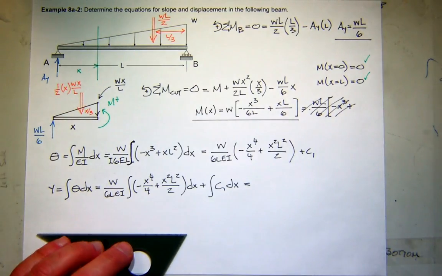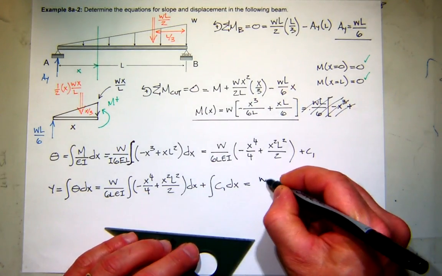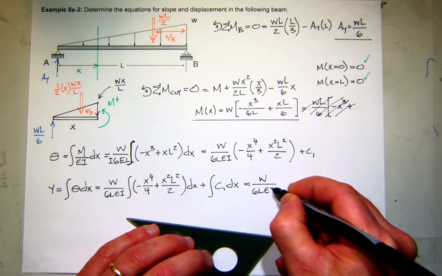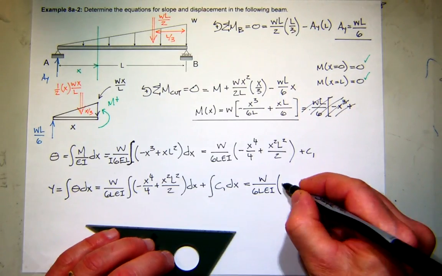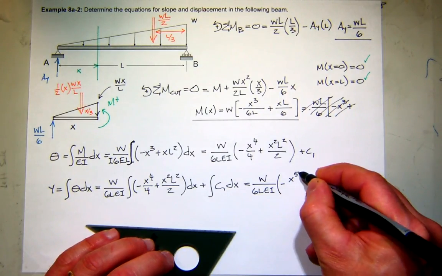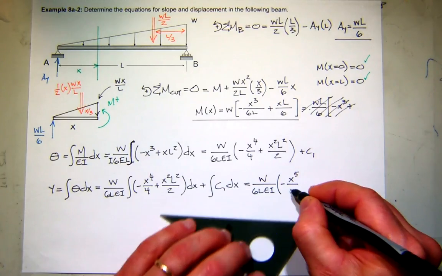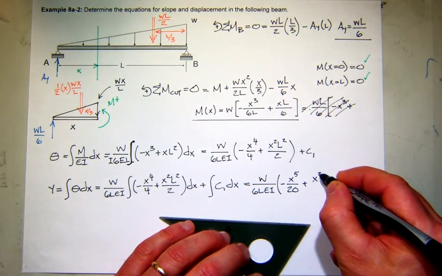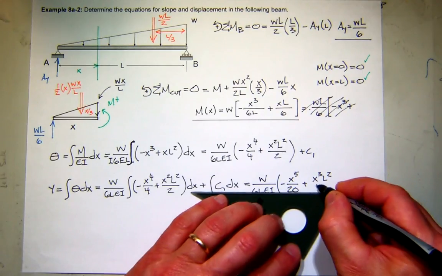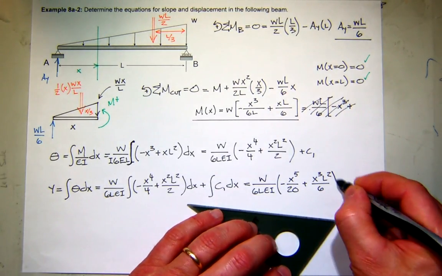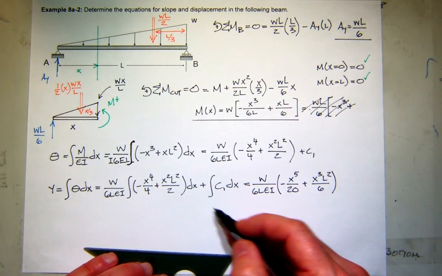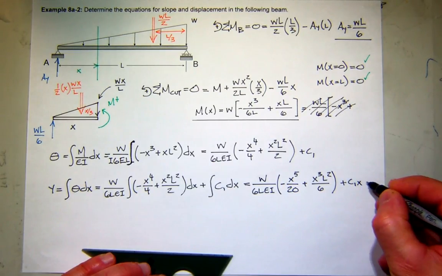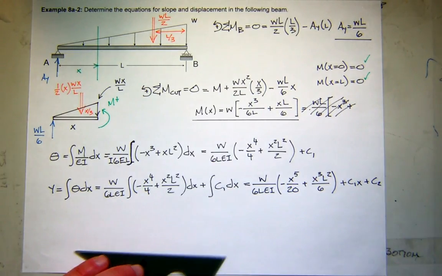What do I get? Well, my term in the front stays the same, and I get minus x to the 5th over 20 plus x cubed L squared over 6. What's the integral of C1? C1 x, and then I get another integration constant, C2.